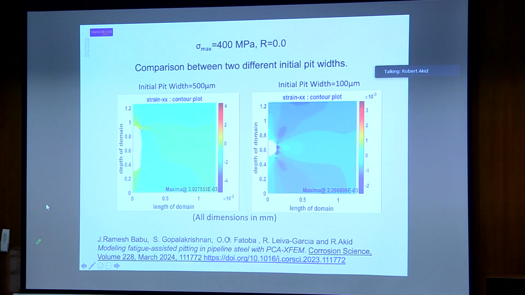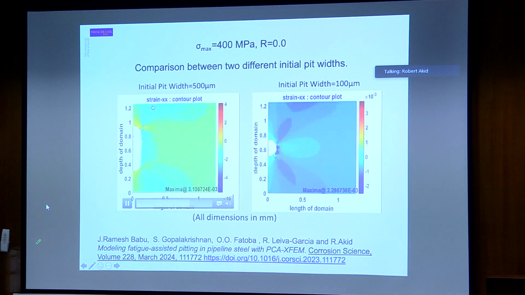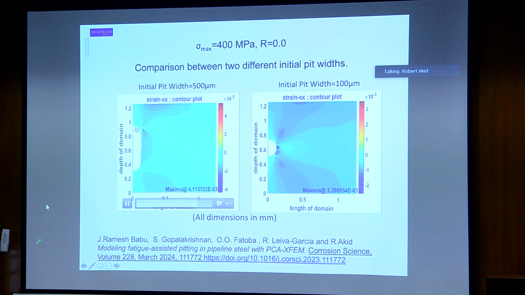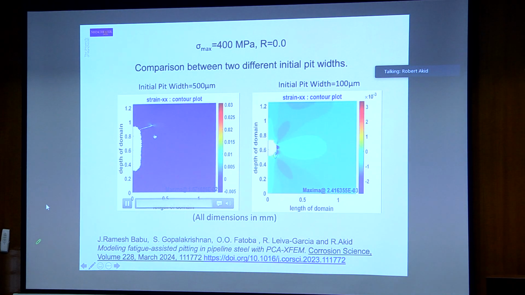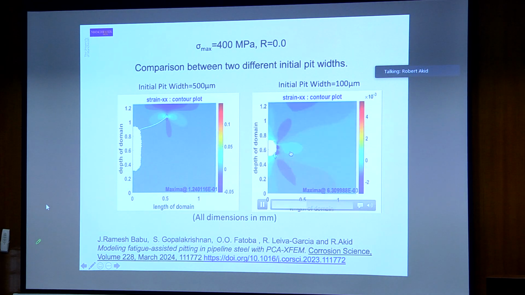What we also see from this is that it's important to consider the boundary effect and the constraint, the ligament size between the pit and the boundary, and that does influence the nature of the crack growth. You'll see that it's very different when we have a much larger ligament and a much higher constraint between the pit surface and the outer boundary.